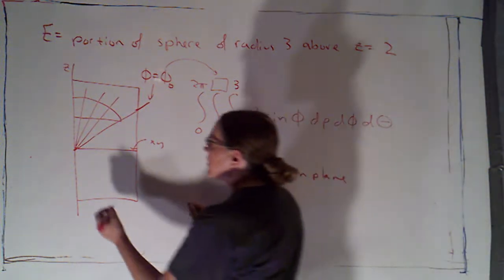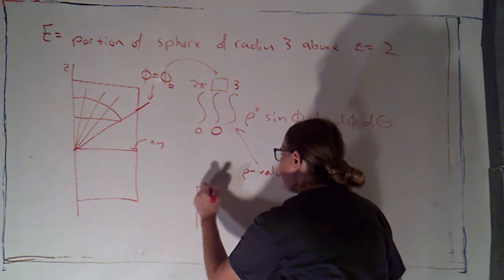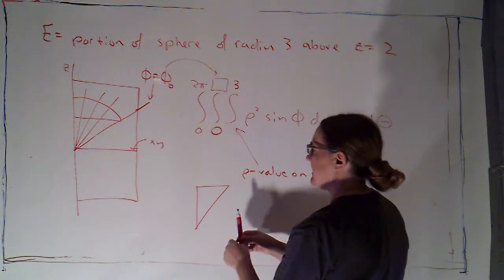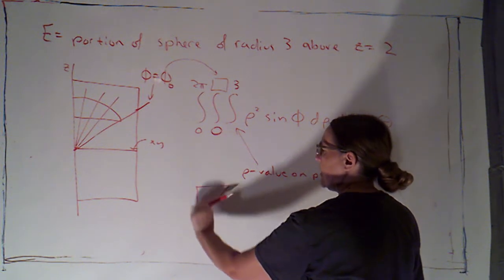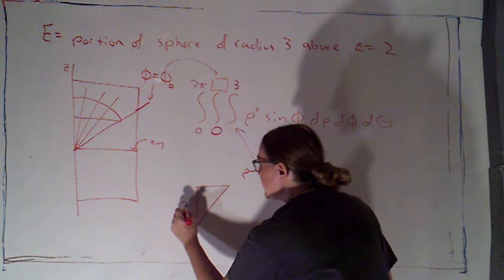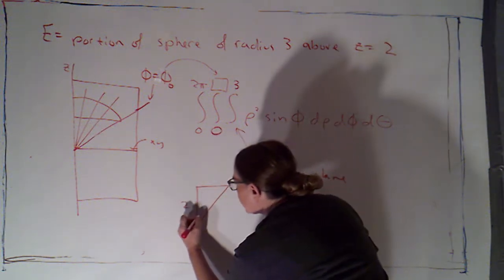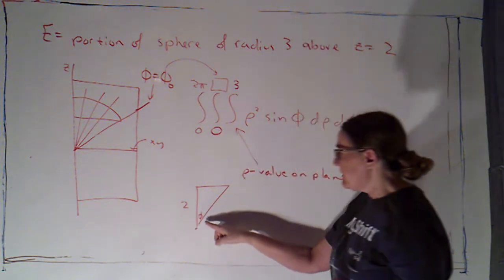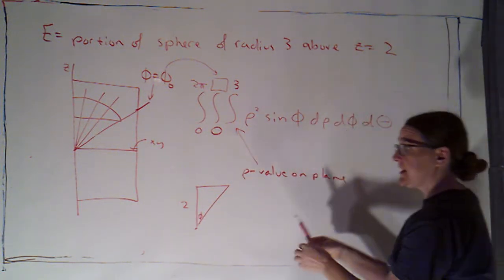So for a fixed phi value, I'm basically going to have a picture that looks like this. If this is the z-axis, and this is my phi value, and this is the plane. Now I know that plane was z equals 2, so this vertical distance is 2. I'm viewing phi here as a variable, because I'm trying to express rho in terms of phi.